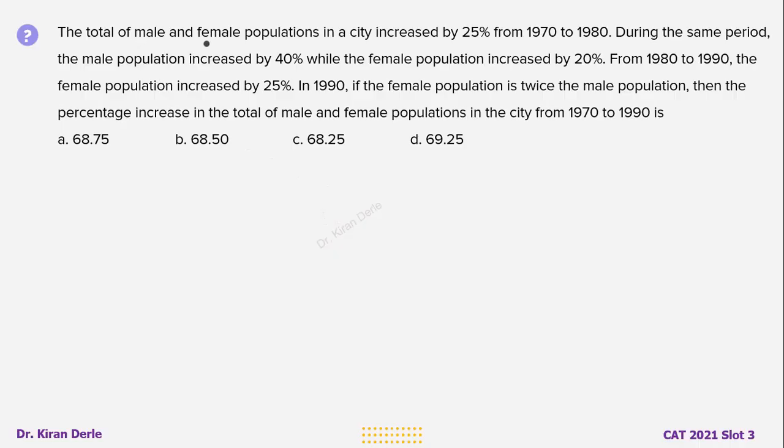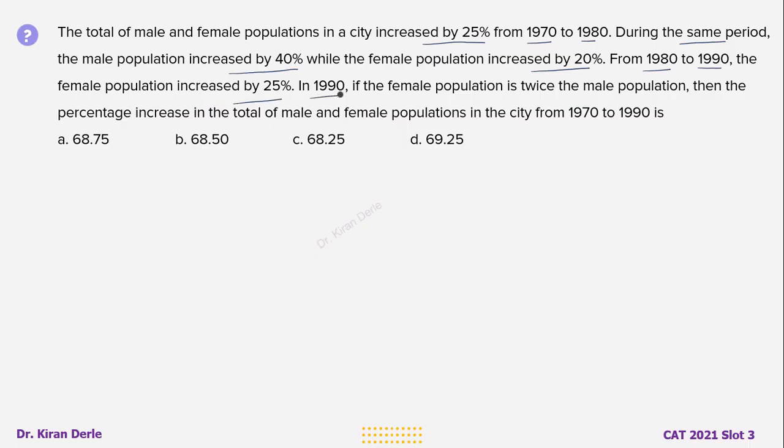The total male and female population in a city increased by 25% from 1970 to 80. During the same period, the male population increased by 40%, while the female population increased by 20%. From 1980 to 1990, the female population increased by 25%.